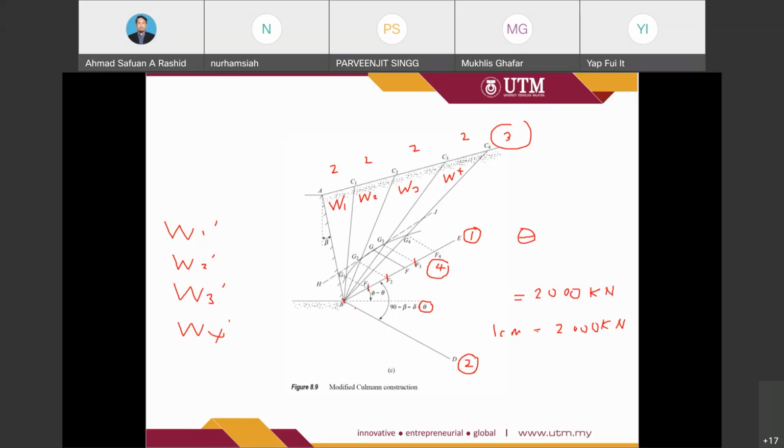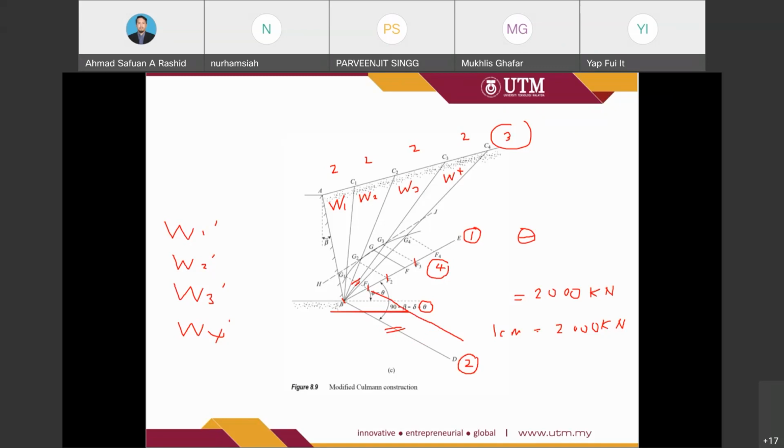From the BD line, we need to draw a line from F1 until it meets the line of BC1, and it should be parallel with the line of BD. So how to show the sign of parallel? It should be parallel, so we need to use a ruler here, to make sure that it is parallel.